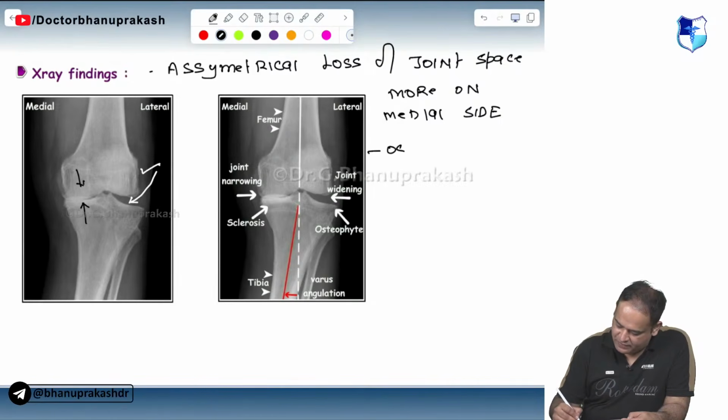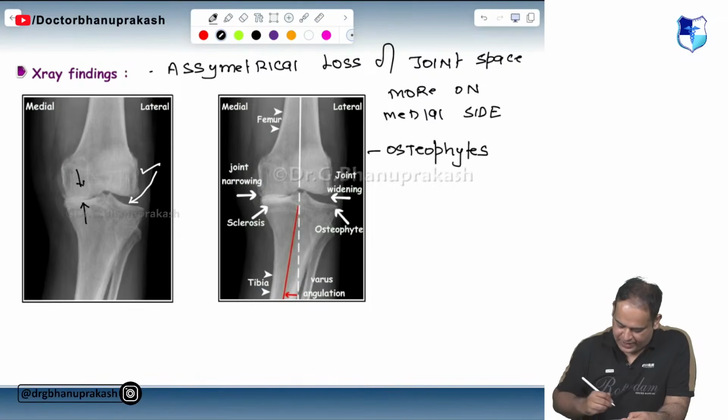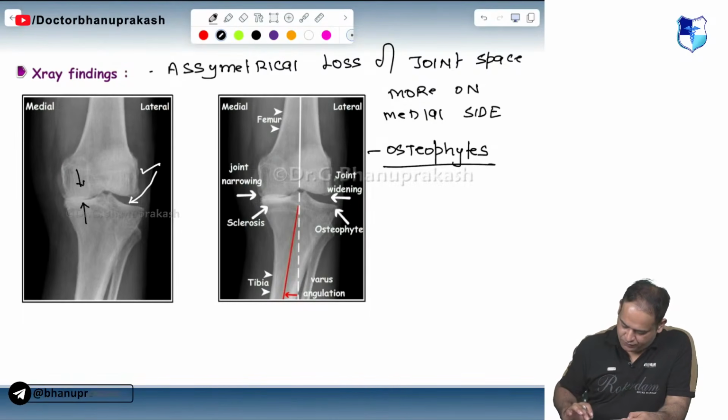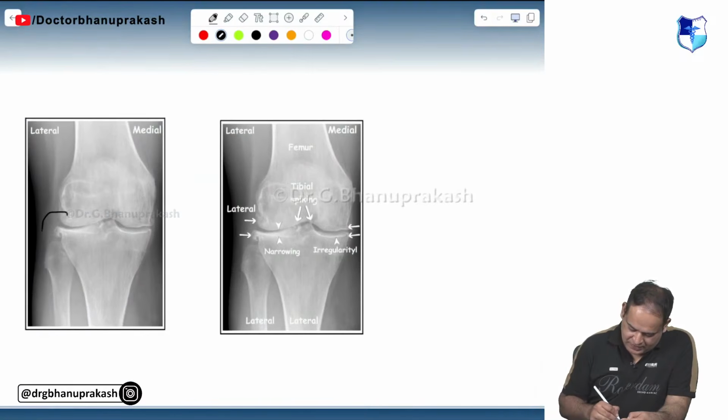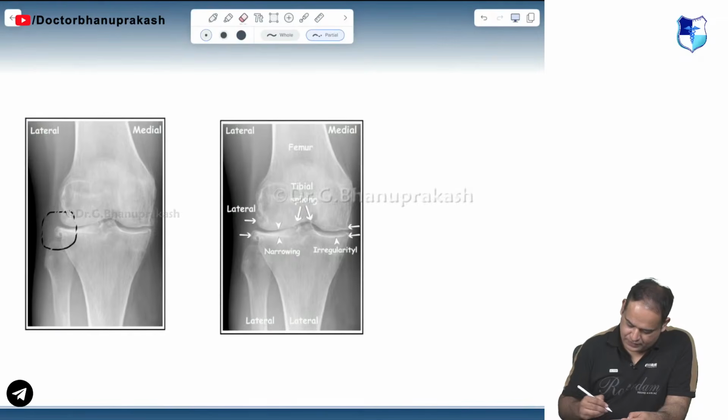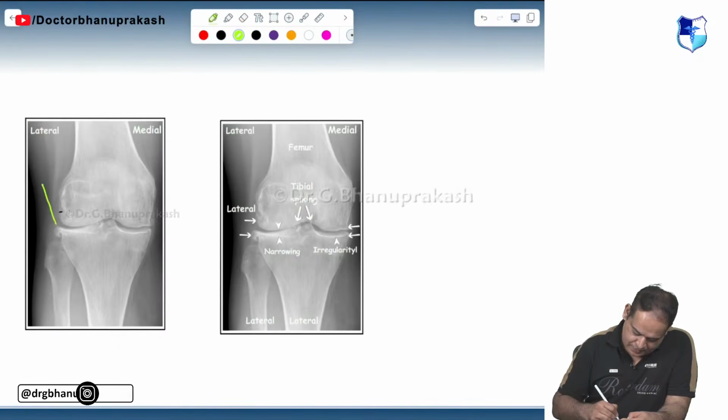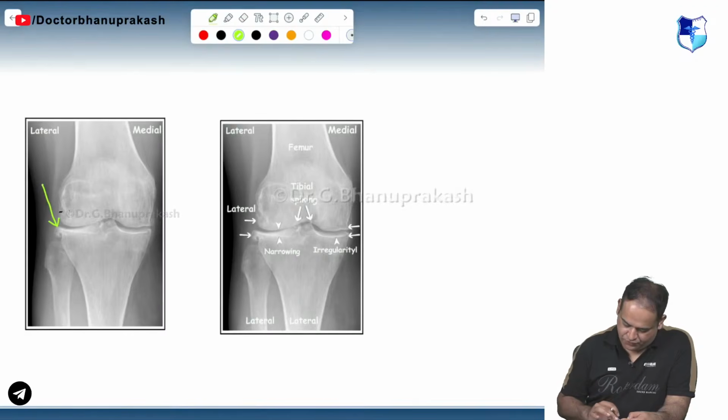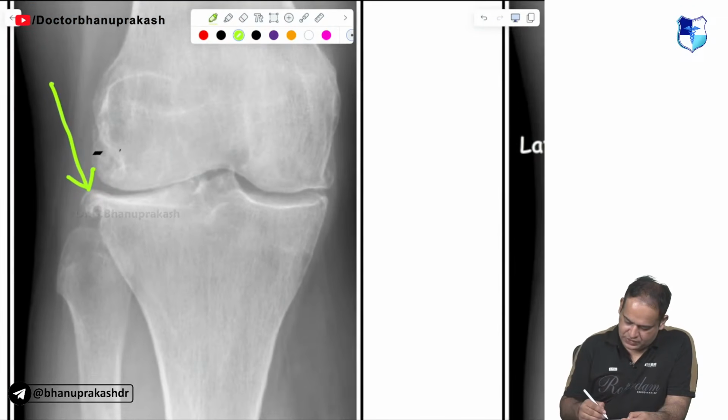What is the next thing which you get to see? Osteophytes, right? Let's move forward. Now you see these are the osteophytes. See, osteophytes here.